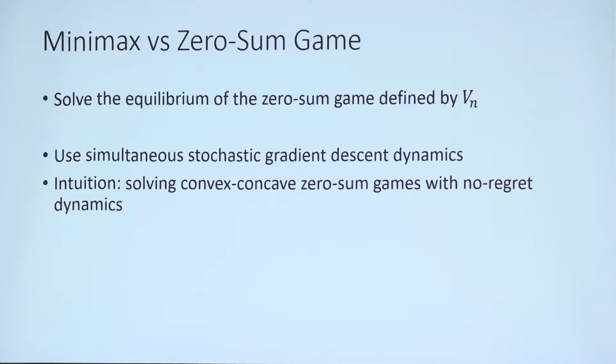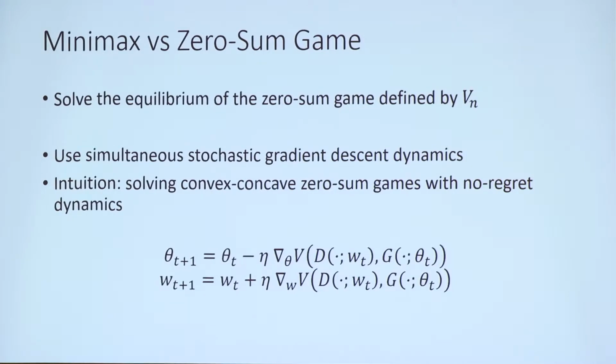We know that if you have a very simple, say, bilinear game, or any convex-concave game, and you apply no-regret dynamics for one player, no-regret dynamics for the other player, the averages are going to converge to an equilibrium. So doing no-regret dynamics on both players can actually find an equilibrium of the zero-sum game. And so let's take that intuition and translate it into this very complicated, not convex-concave zero-sum game defined by the discriminator and the generator. That's the basic idea behind this first paper.